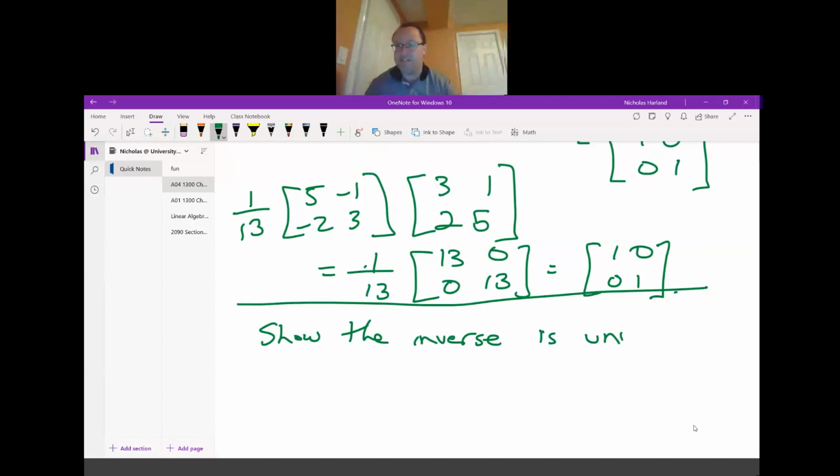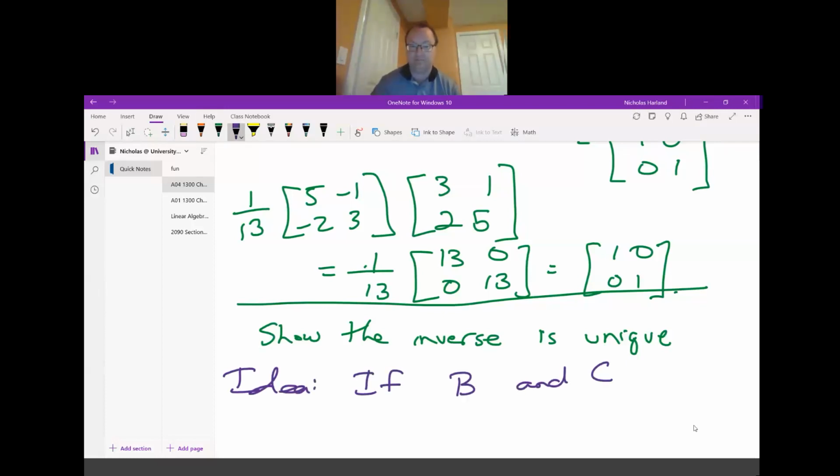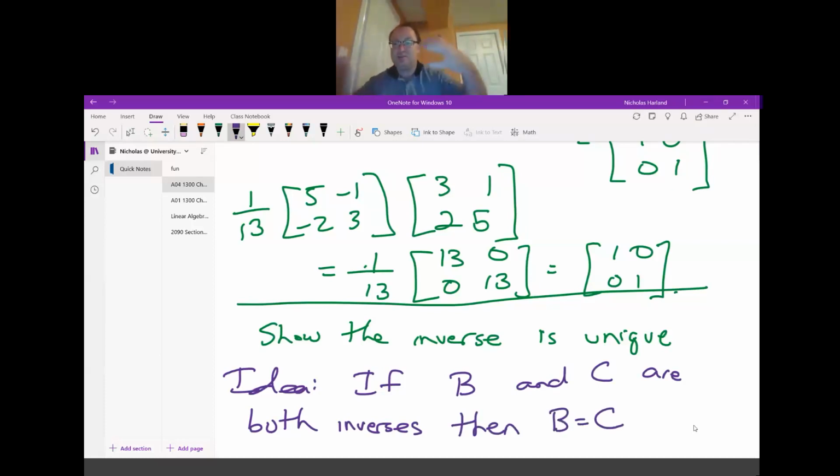So if we want to show the inverse, if it exists, is unique, the idea is that if B and C are both inverses, then B has to be equal to C. It's impossible to get two different inverses. So if B and C are both inverses, they can't be different. They have to be the same.